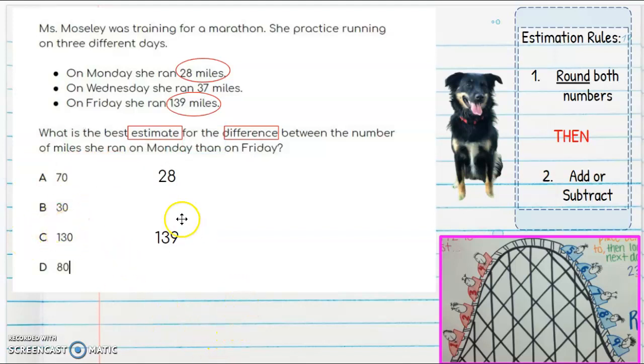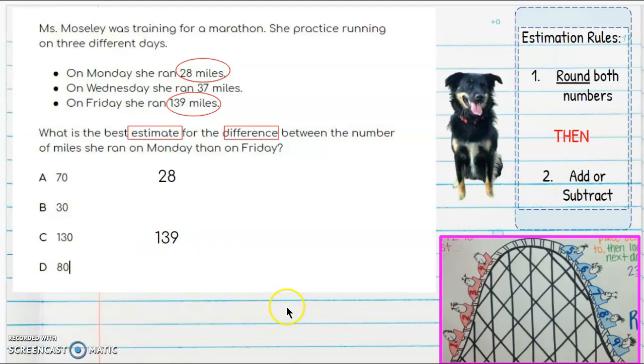Okay, so this is very similar to the question we had yesterday. The number 28 has 2 digits in the ones and in the tens place. This number down here has 3 digits in the ones place, the tens place, and the hundreds place.